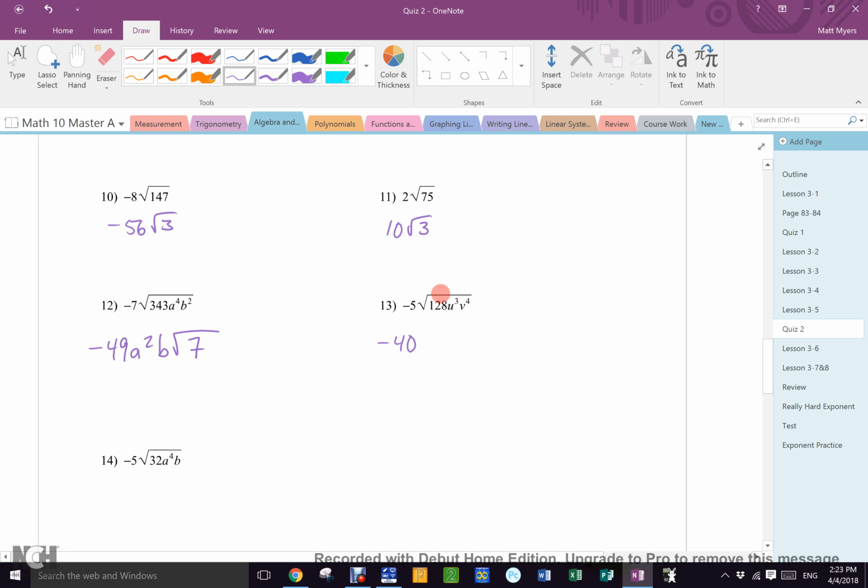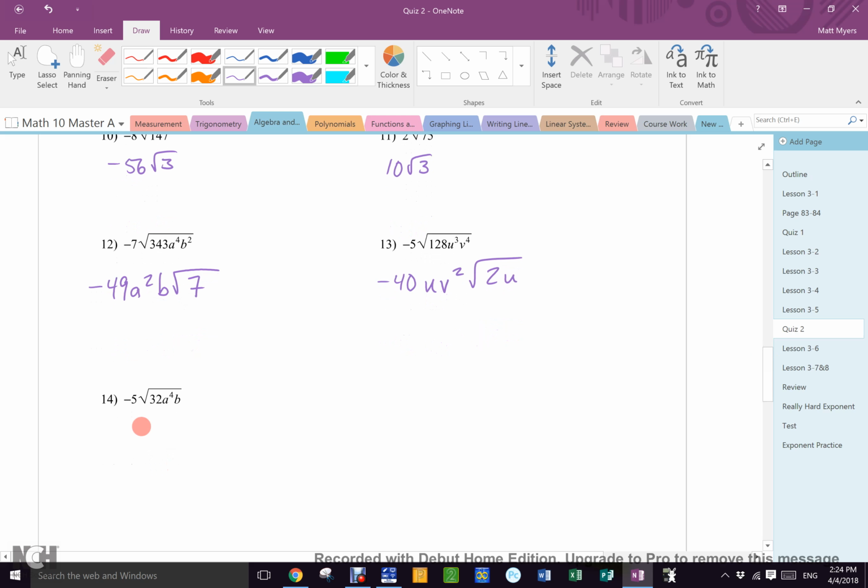Negative 40. U. V squared. Root 2u. Absolutely right. Good job to you, Raul. Oh, yeah, it was a 2, but it looks like 24. I get it. But you wrote it. Yeah, I know, but my writing's messy. Okay. And finally, number 14.